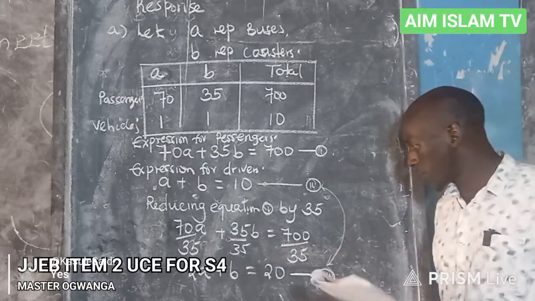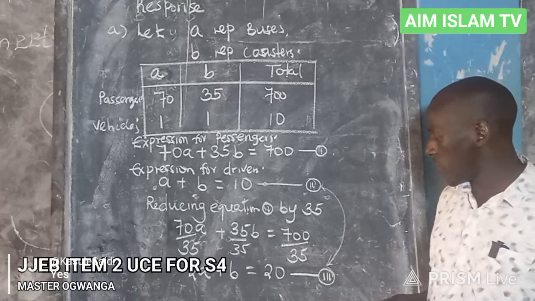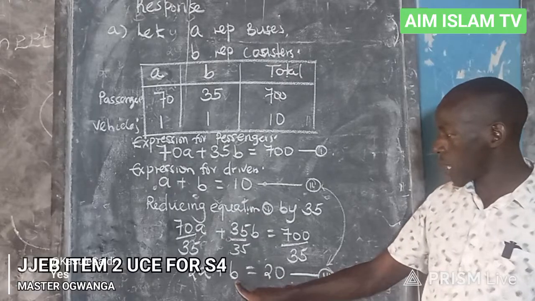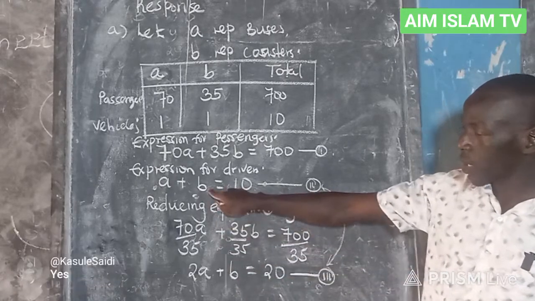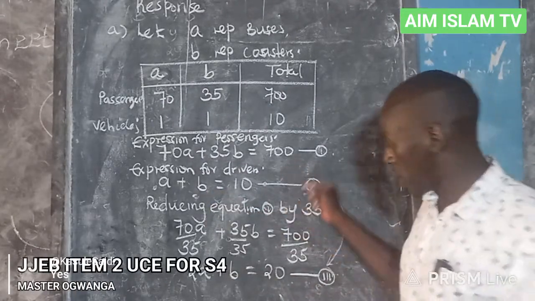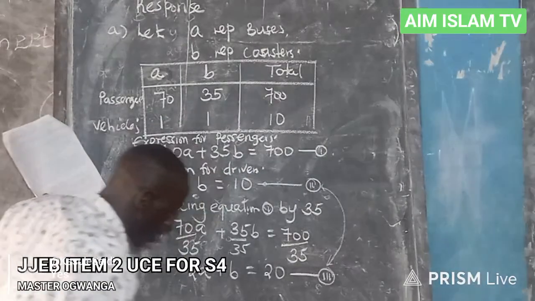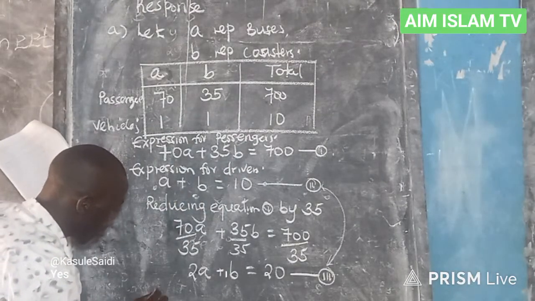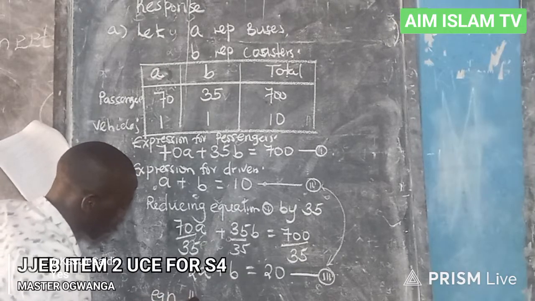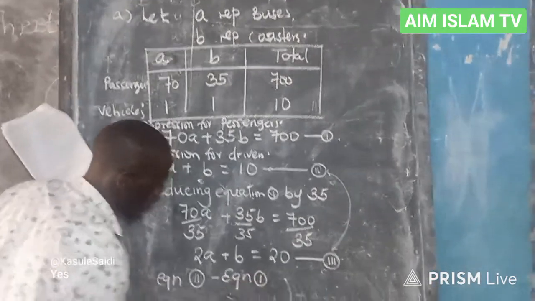When you look at equation 2 and equation 3, you realize that B can be easily eliminated. Reason being, B in equation 2 has a coefficient of 1, and B in equation 1 also has a coefficient of 1. So to make elimination easy, I'm going to say equation 2 minus equation 1.